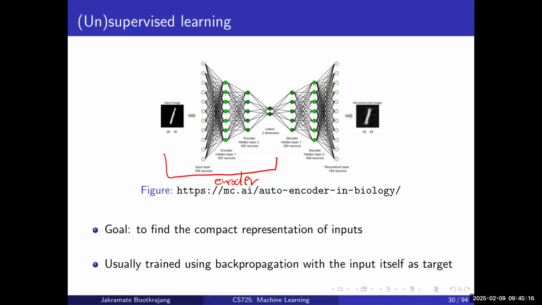You have your input, you pass it through the network, and you get a new feature vector from here. And then you can use that feature vector for classification, like in other classification algorithms.